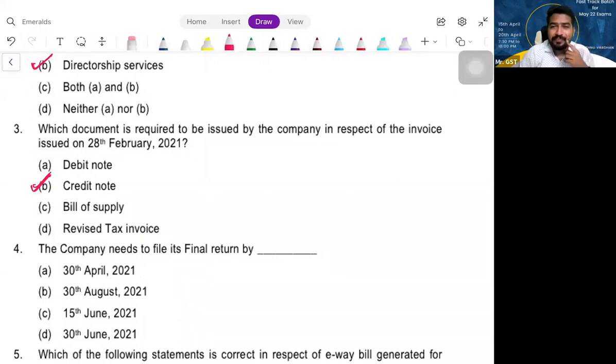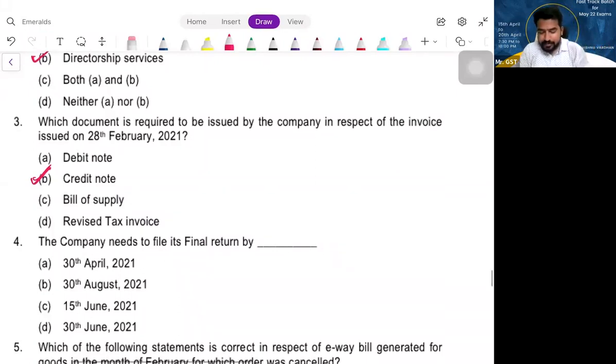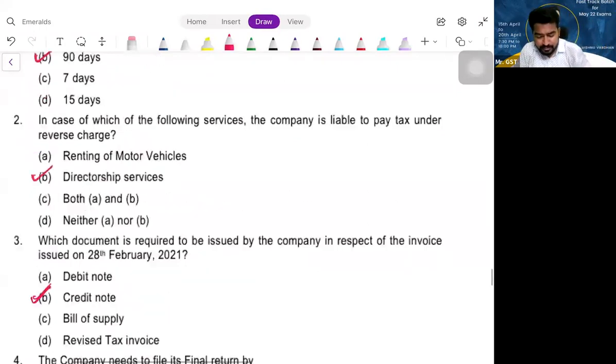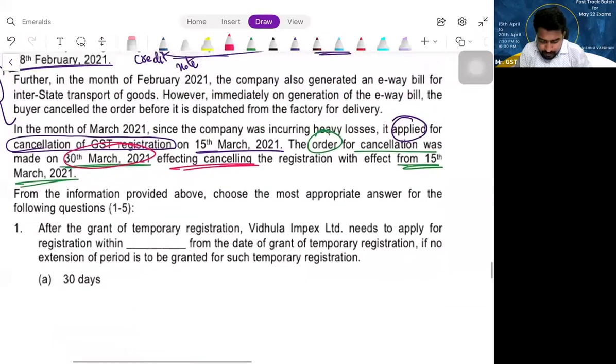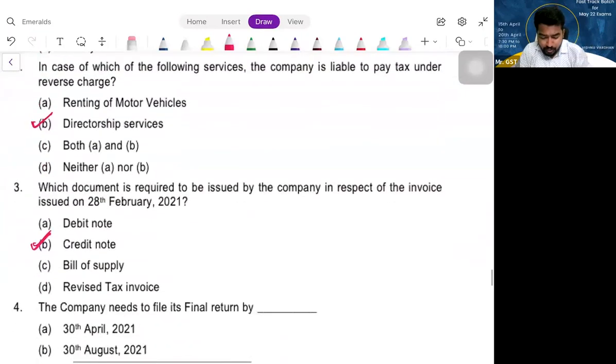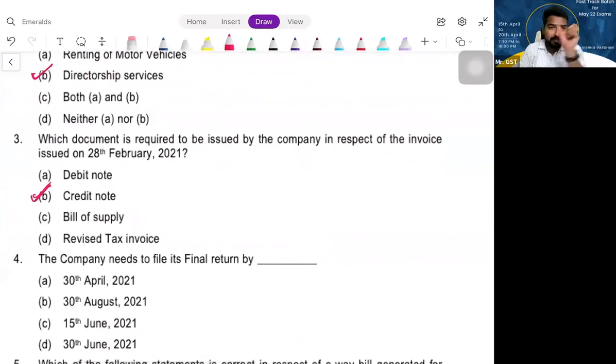First of all, in the provision, I want the provision. The order of cancellation is on 30th March, but the date of cancellation is 15th March. Whichever is later, 30th March. From 30th March, what is the time period within which I should file the final return?